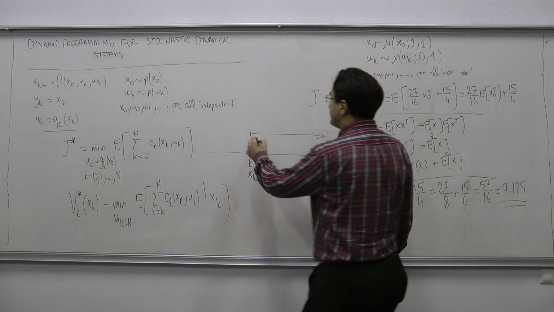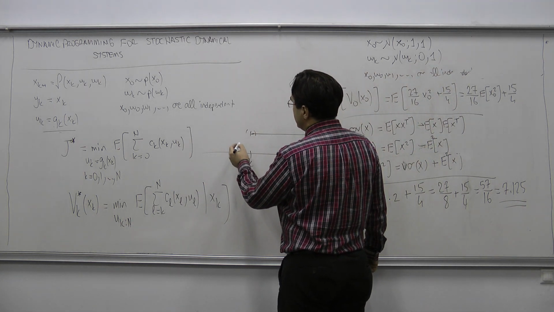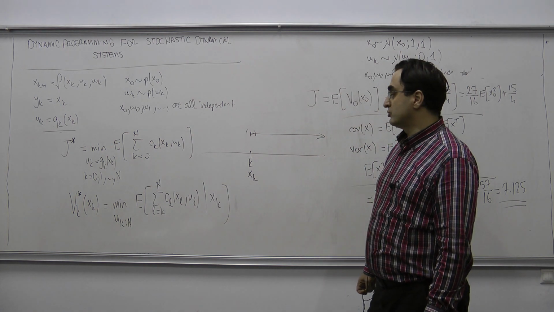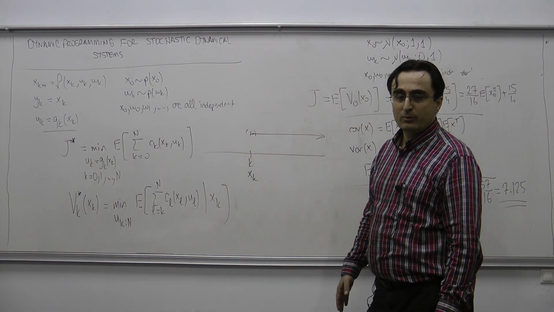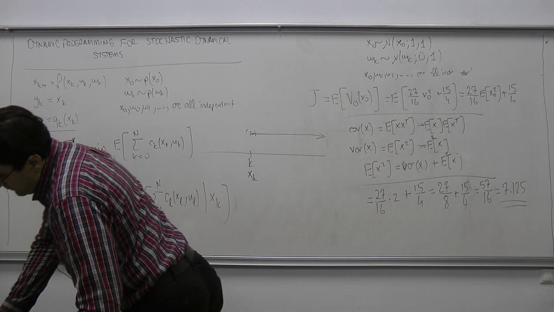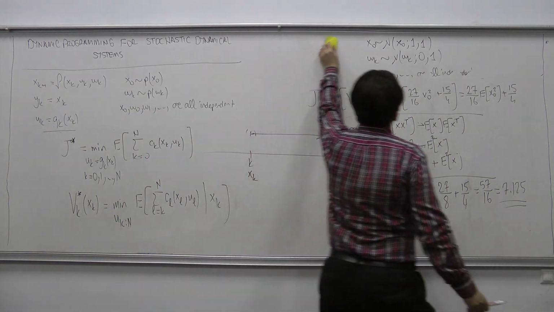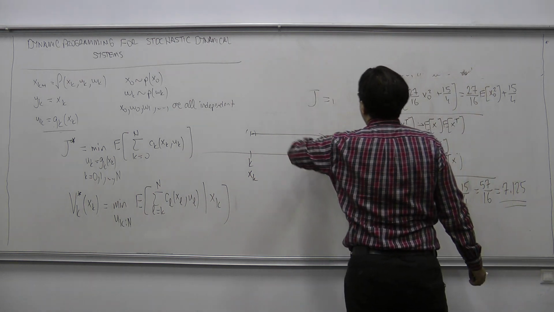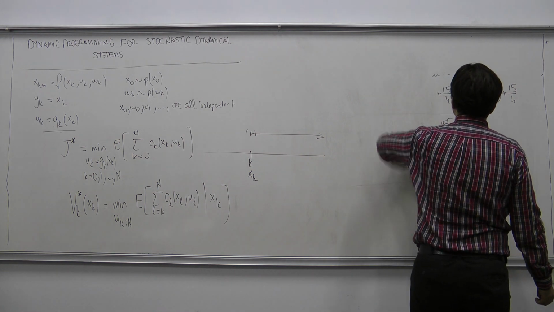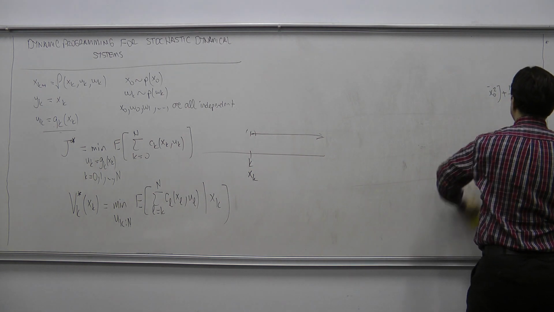If I know this function, then I can try to go backwards here in order to be able to obtain Vk-1, etc. So here is what I'm going to do. I will try to write a recursive formula for these optimal cost to go functions.